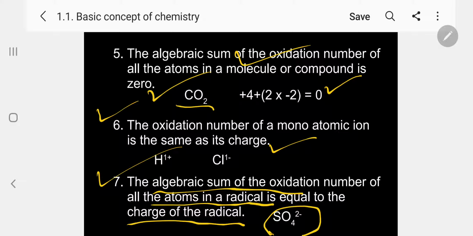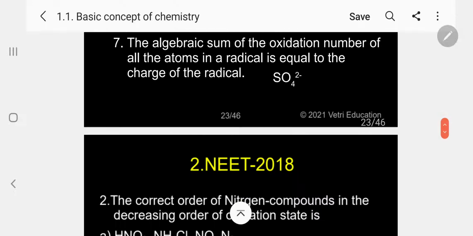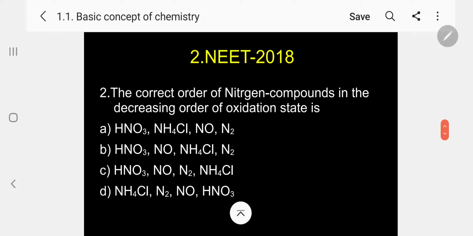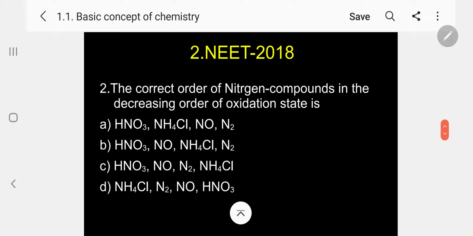Please follow these rules. Now we have to apply them to our example. Kindly follow. The correct order of nitrogen compounds in the decreasing order of oxidation state is asked. I'll take the examples: nitric acid is a compound, ammonium chloride is a compound, NO is a compound, N2 is a molecular element.